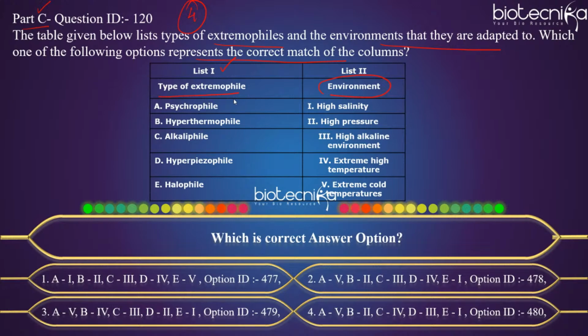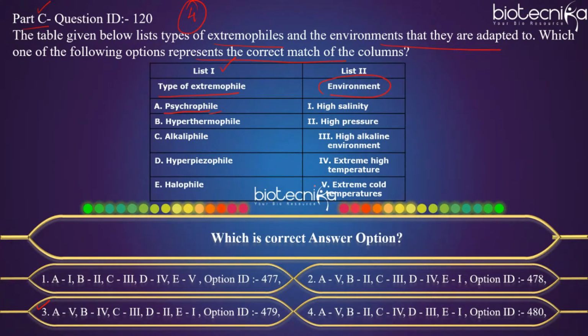The right answer for this particular question, question ID 120, will be option 3. Here you just have to know these terms. If you have studied unit 2E, this is a question from there. Psychrophile means those organisms that grow in very extreme cold temperatures.